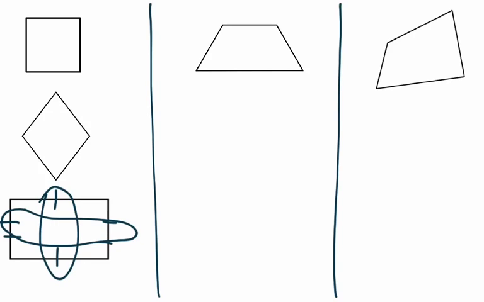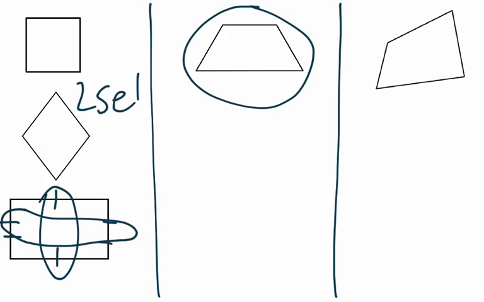Now we're looking at this middle section right here. This does not have 2 sets of parallel lines. It only has 1 set of parallel lines. So 2 sets of parallel lines. This one only has 1 set. Okay, as you can see, these, if you extended them, would eventually cross.